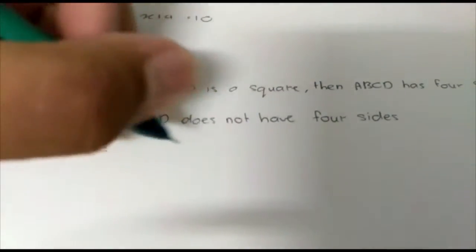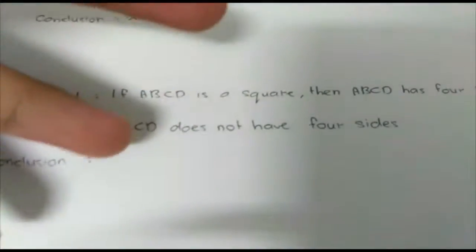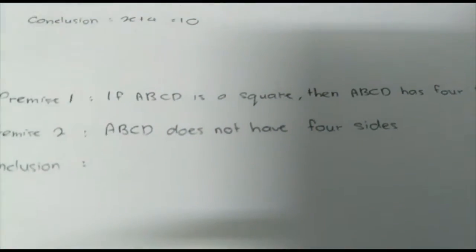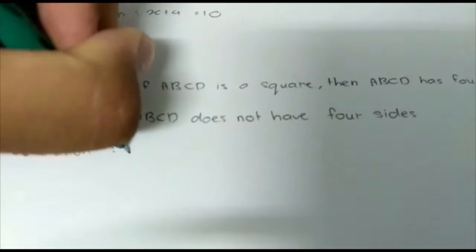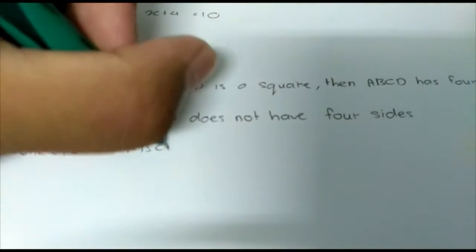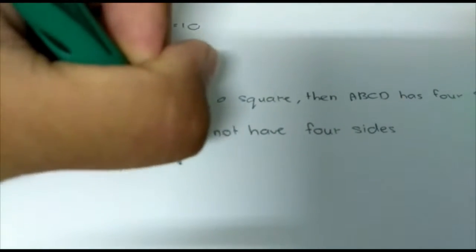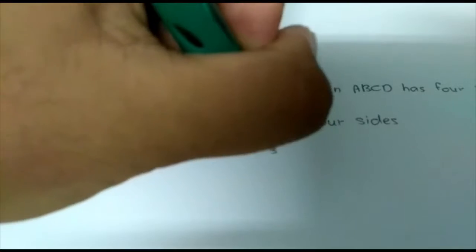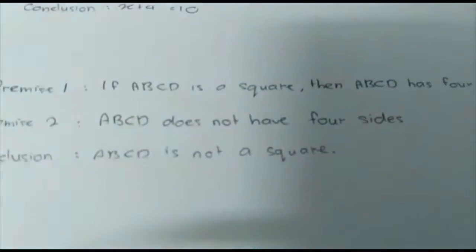Before that, let's use form 3. So the conclusion is ABCD is not a square. That's the answer.